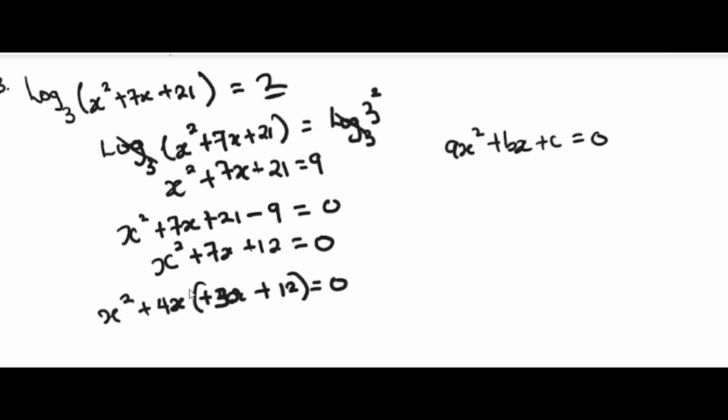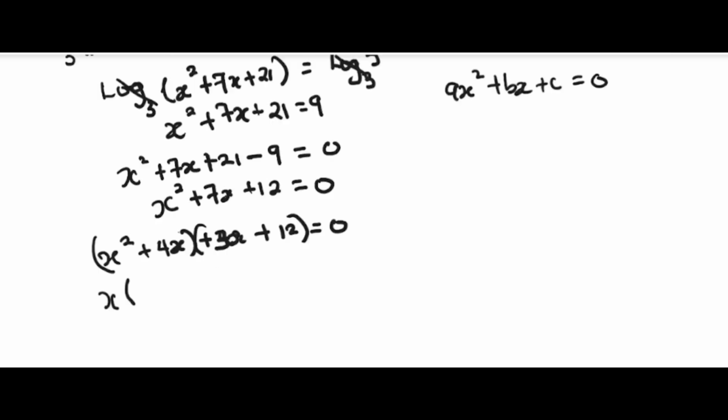So looking at the first bracket, x is common. So if we bring out that x, we'll have x plus 4. And in the second bracket, the sign that is common is plus anyway. 3 is common. If you factor out 3, you have x plus 4. So what is the common factor here? The common factor is x plus 4.